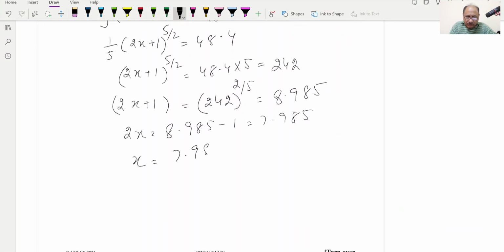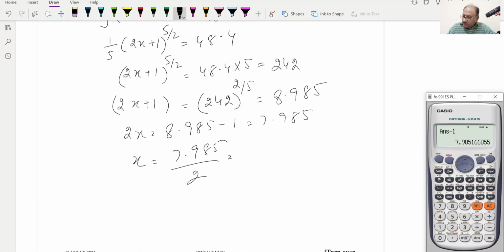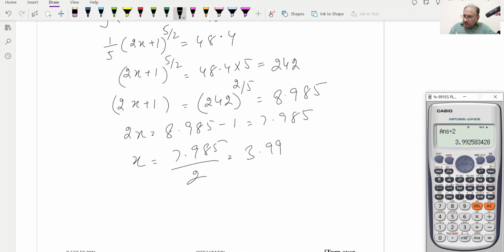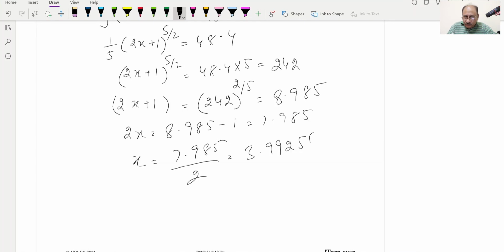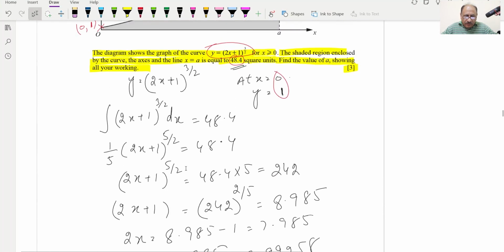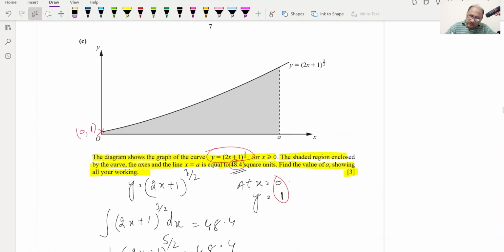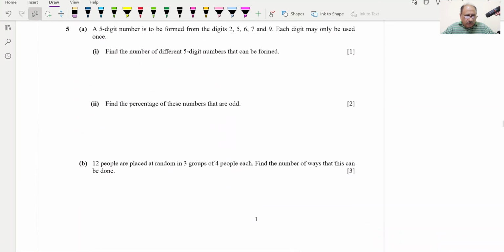So 7.985 divided by 2 will give us 3.99258. So we can round it to 4. x is equal to 4 will be our final answer for this part. So the value of a we found is equal to 4. Hopefully everything is clear. I have explained, and hopefully you understood also.